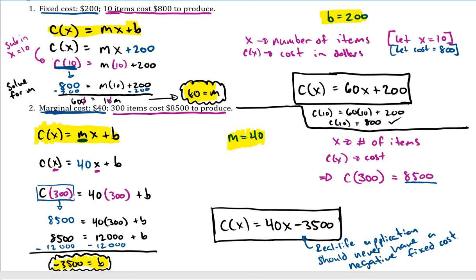So it should never have a negative fixed cost. Currently our fixed cost is negative $3,500, so it's got something really weird going on.